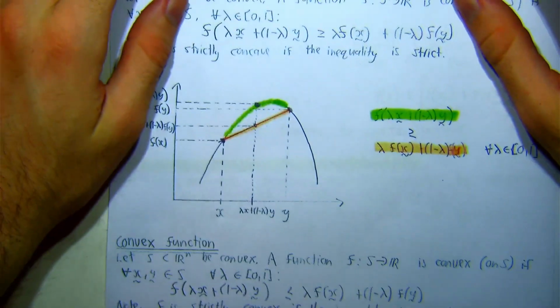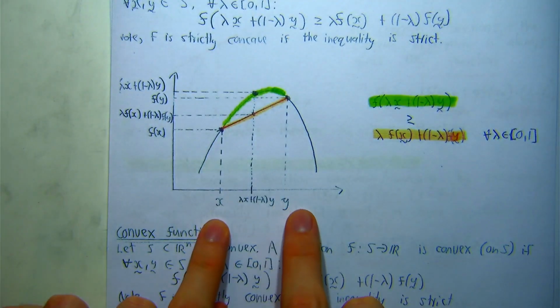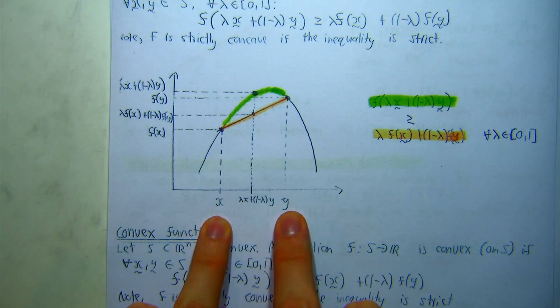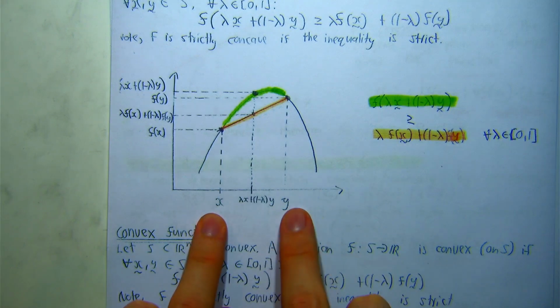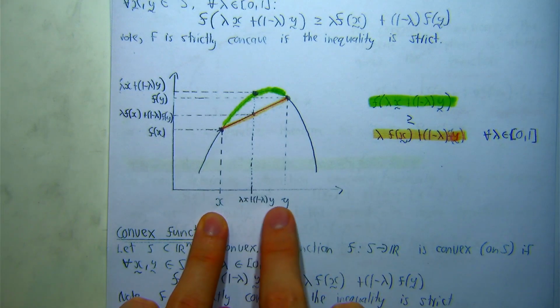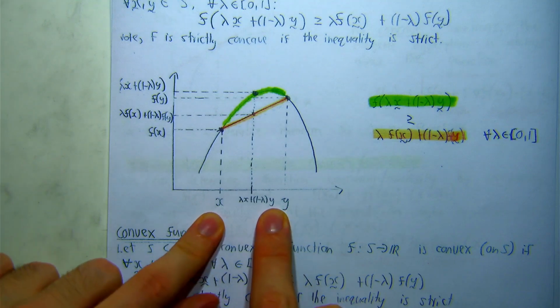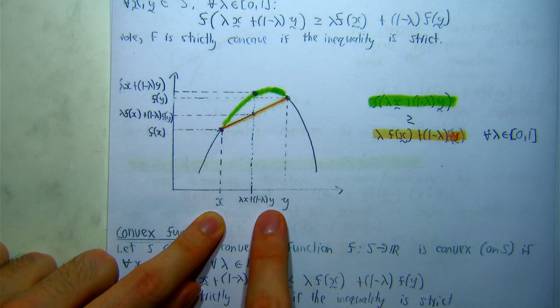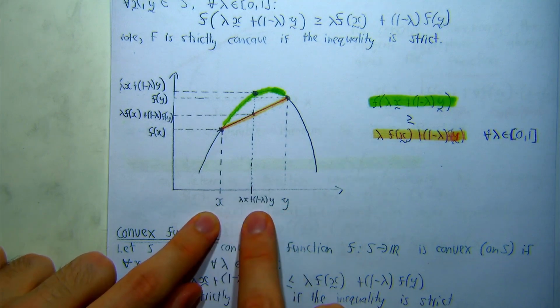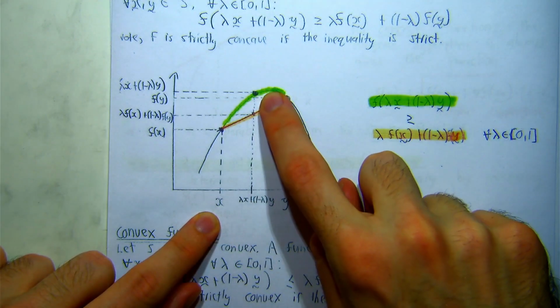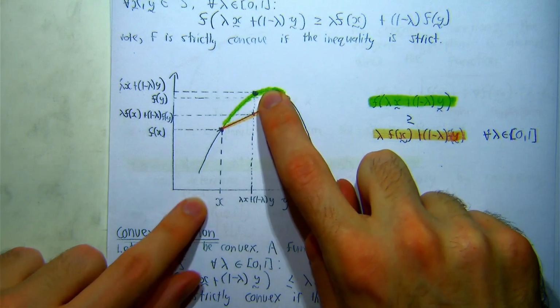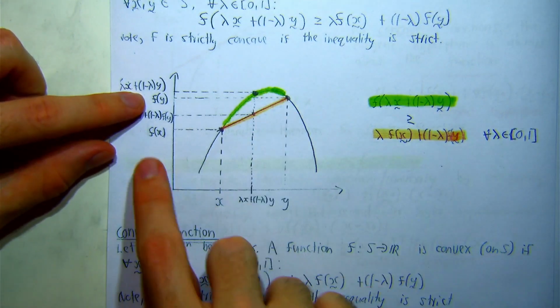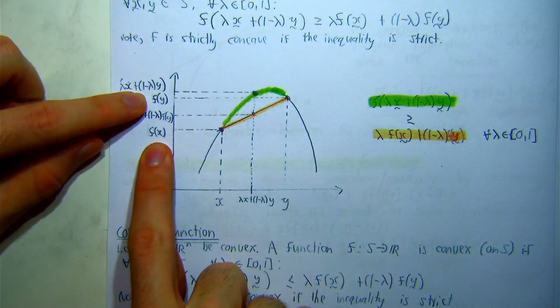And that is, as you look at the points in between two points for the function, so we take x and y and we look at the points in between, then there's going to be a specific property that's taking place here. And that is that the combination of x and y plugged into the function will always be above the mixture of f(x) and f(y).